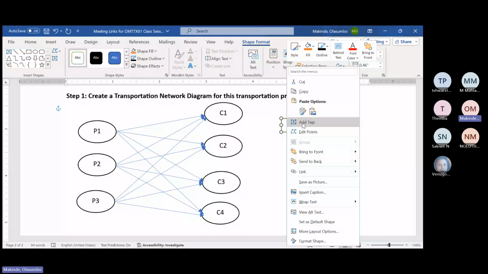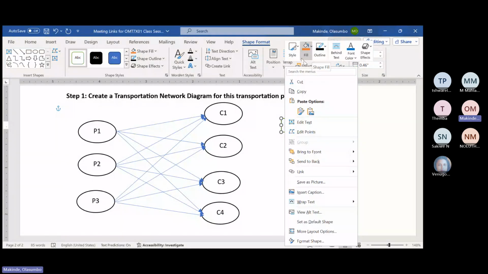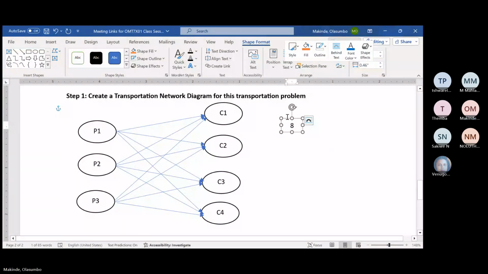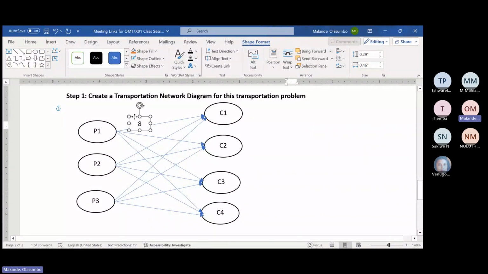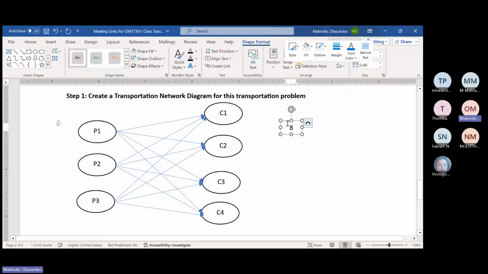Let me add text. So from plant 1 to city 1, they said it's $8. So I'm going to put 8 here. Let me remove the outline, no outline, and make the fill also no fill, so that when I move it, yeah, I'm happy.